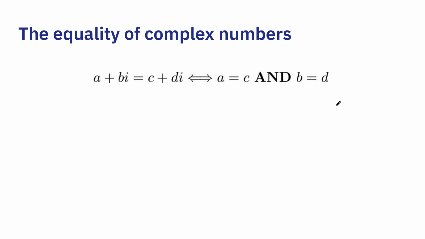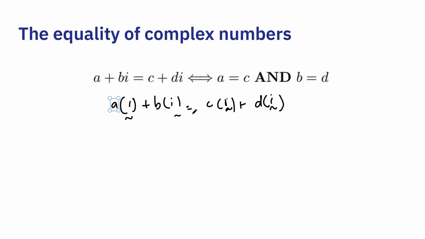If we think of it like this, a times the vector of 1 plus b times the vector of i equals c times the vector of 1 plus d times the vector of i, then we can use what we learned in linear combination and simply compare the coefficients of the real and imaginary parts.